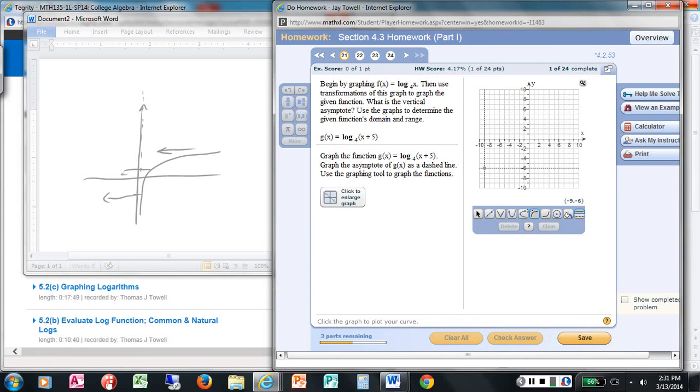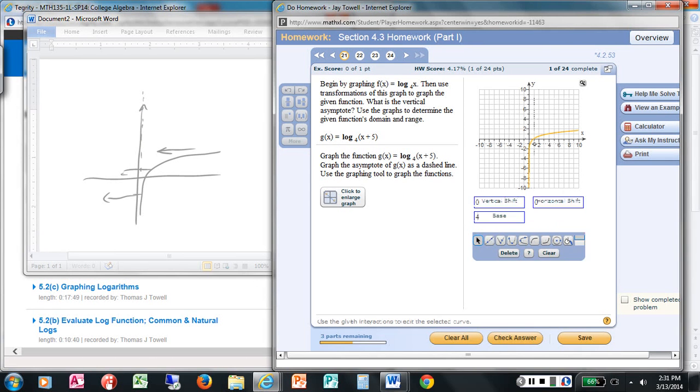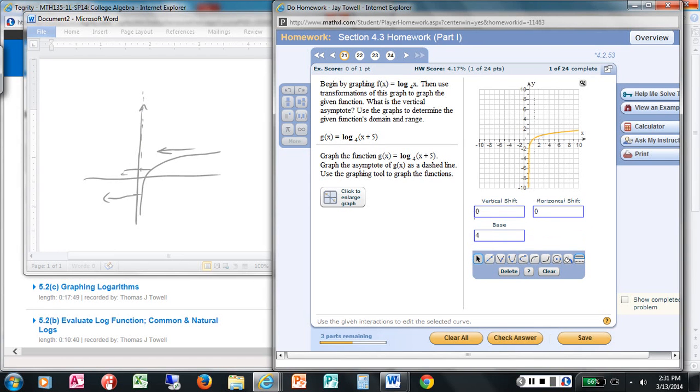And so with all that in mind, here's what we got. We do have this shape here, kind of the upside down hockey stick, if you will, inverted hockey stick. And so that's where we want, first of all. And we know that the plus 5 in there with the x does make a shift to the left, and so that's a horizontal shift of -5 units.